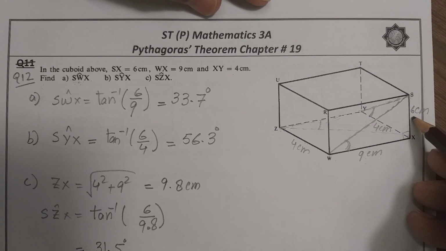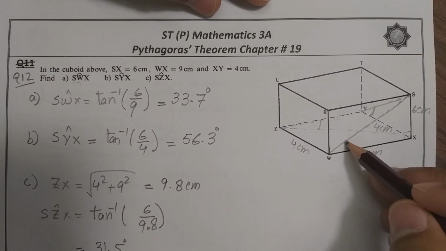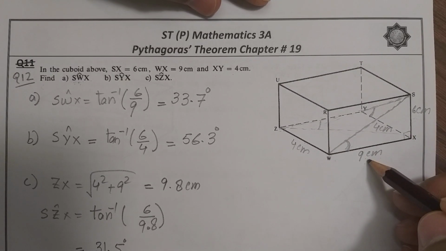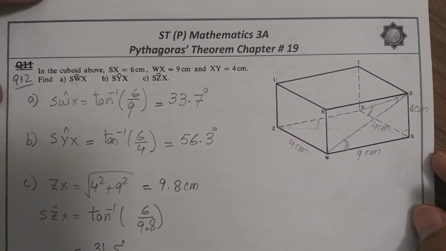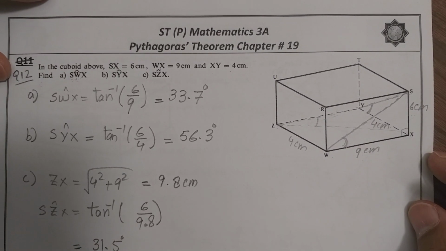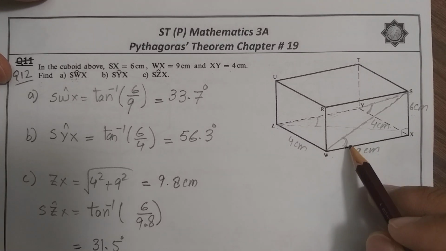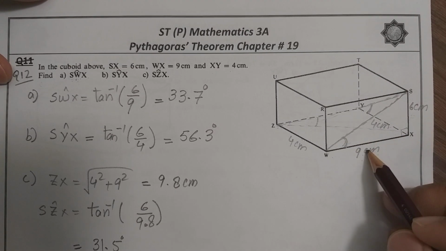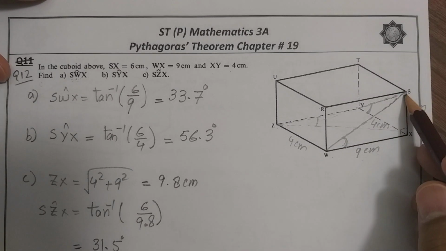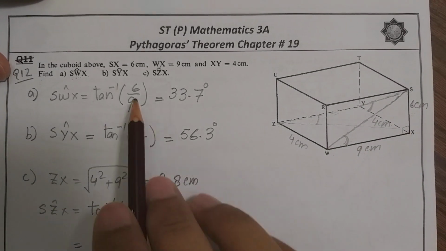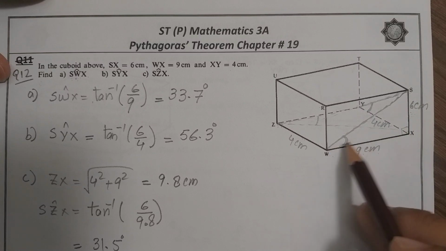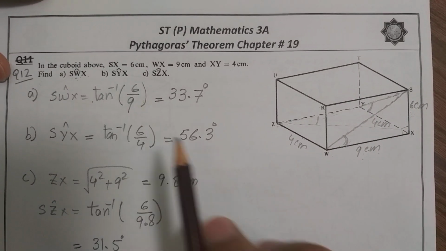According to the angle, we need to find the opposite and adjacent. If you remember in the trigonometry chapter, we did TOA, in which the opposite over adjacent means tan of the angle. So for SWX we apply tan here. Opposite is 6 according to this angle, and this is adjacent, 9.